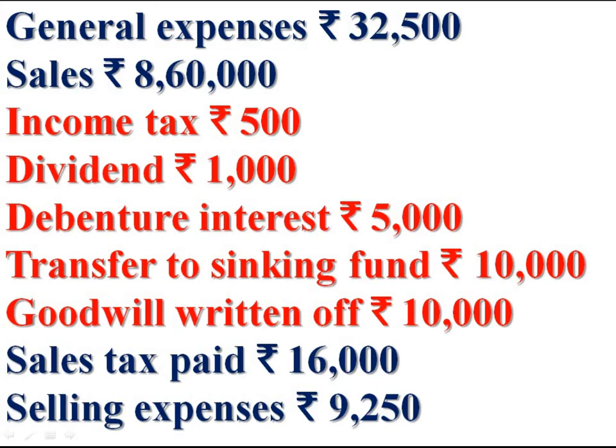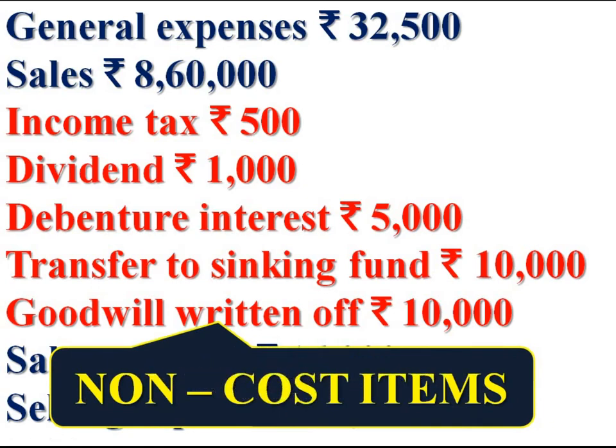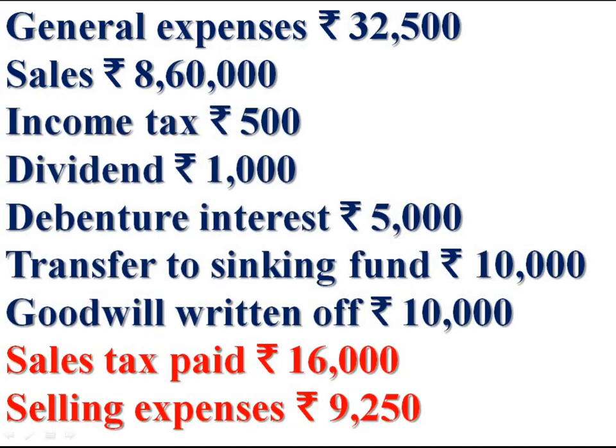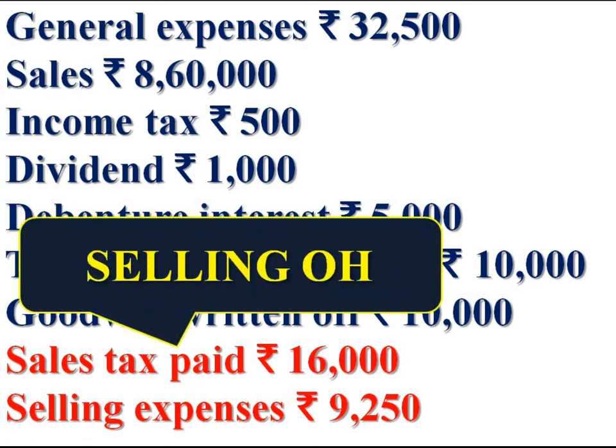Goodwill written off, it is writing off fictitious assets. These items are non-cost items, should not be taken for computation of total cost. These are to be excluded from cost sheet. These items should never be taken into the cost sheet under any circumstances. Sales tax paid and selling expenses. These are selling and distribution overhead.